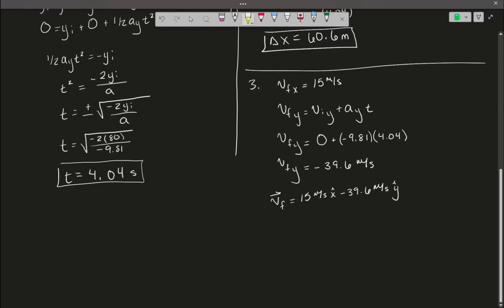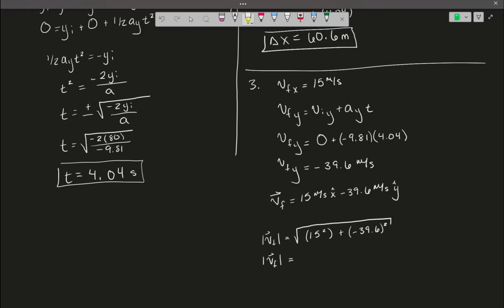So we can determine that the magnitude of our final velocity is going to be the square root of the x component squared plus the y component squared, right? This is just Pythagorean theorem. And we get that the final velocity has a magnitude of 42.3 meters per second.